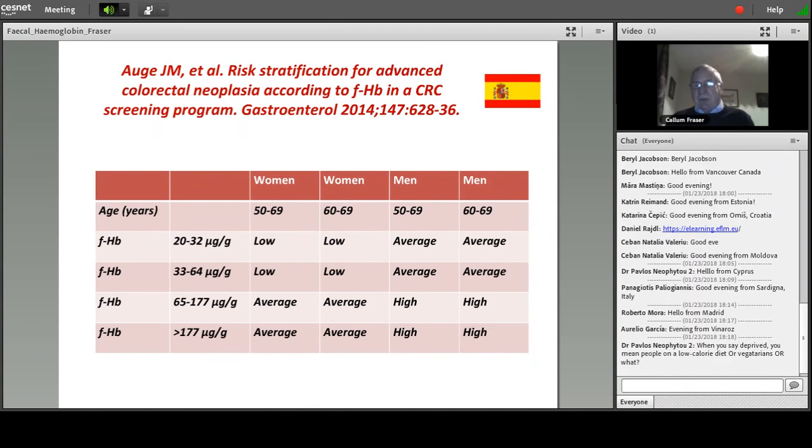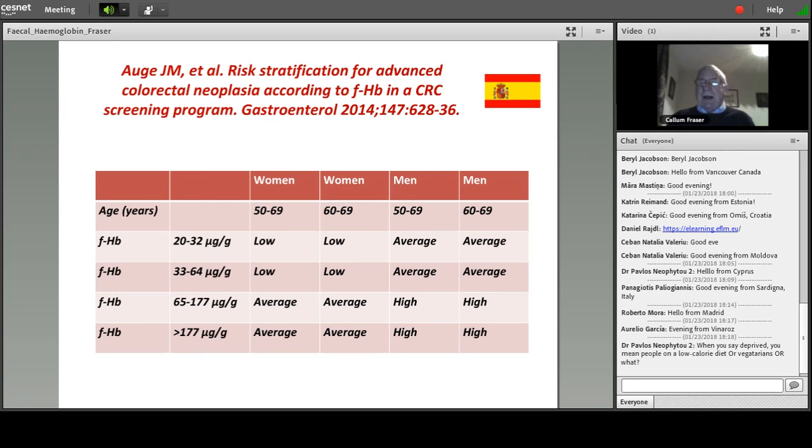And here's a very simple example from our colleagues in Barcelona who looked at hemoglobin in young women, older women, young men and older men, and made a sort of risk indicator: if you're an older man with a high fecal hemoglobin, you're at much higher risk than if you have a low fecal hemoglobin. So this is just an example of one way to look at risk management.